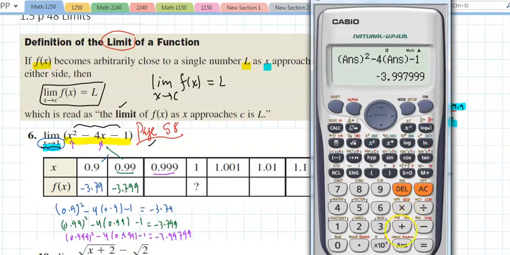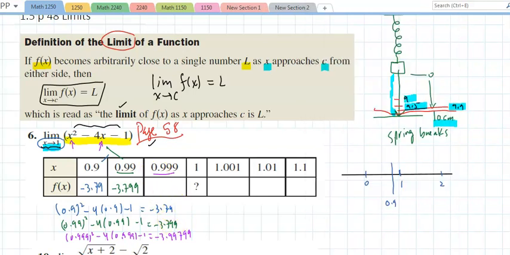And let me make sure the other ones were correct. 0.99. Did I copy those right? 3.9799. Okay. Look at that. That was negative 3.979.